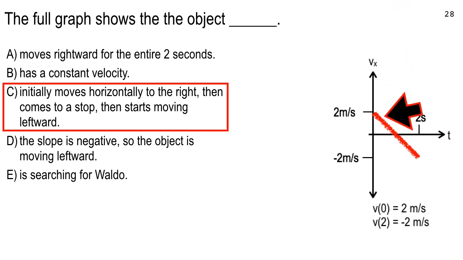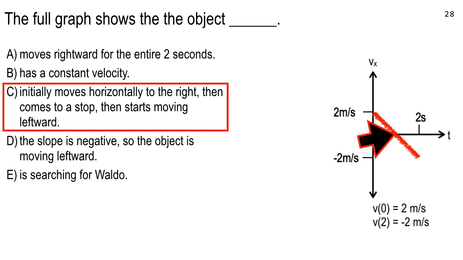So up here, you've got positive velocity. You're moving to the right. Down here, you've got negative velocities. You're moving back to the left. And right here is your stopping point. So at time t equals 1 second, you're stopped for just an instant of time.